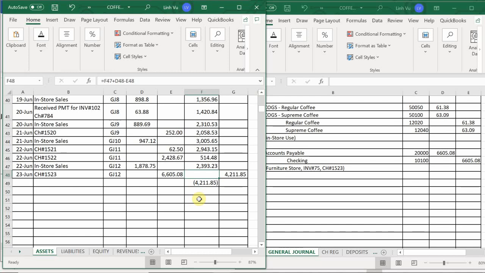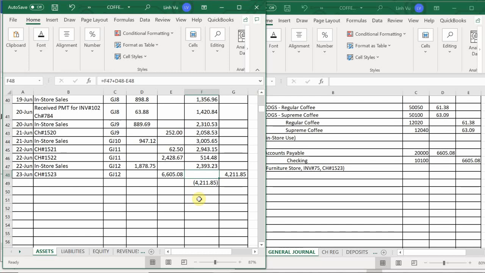Now, once again, what's the assumption? Because we just wrote the check today, the assumption is you're probably gonna get charged some sort of fee. You're gonna definitely get charged a fee, but in this case, has my vendor received the check yet? In this case, I still have a debit balance because I just cut the check.